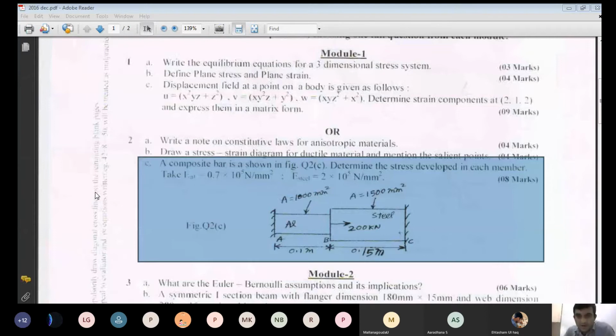Now write the first equilibrium equation. What's the first equilibrium equation?